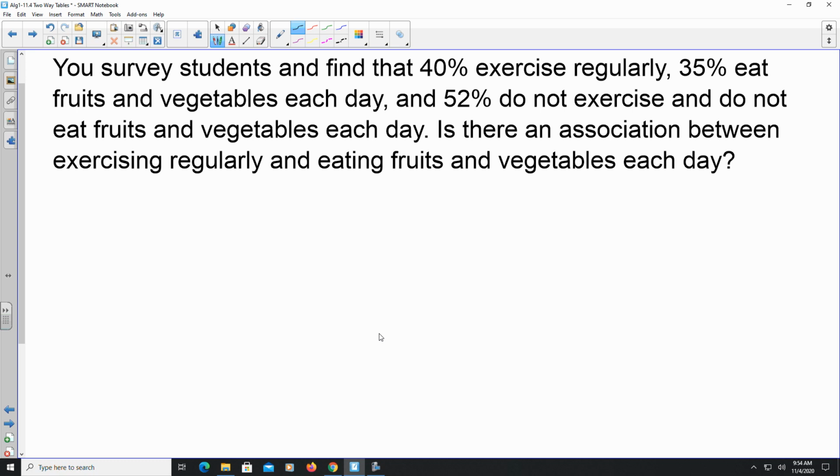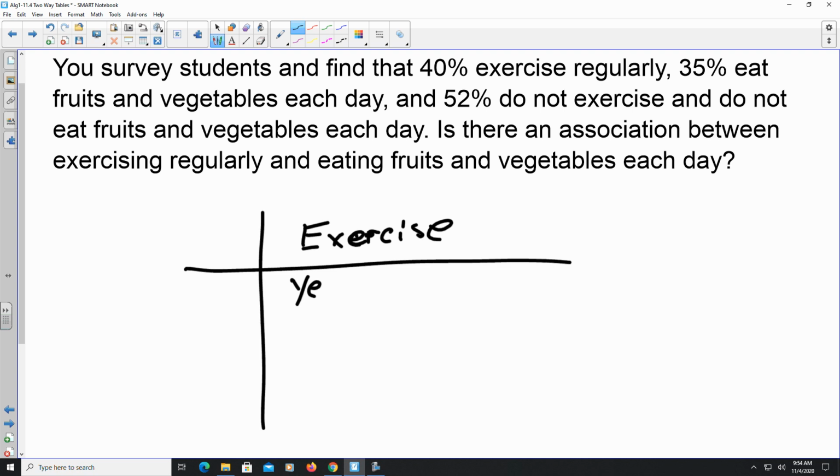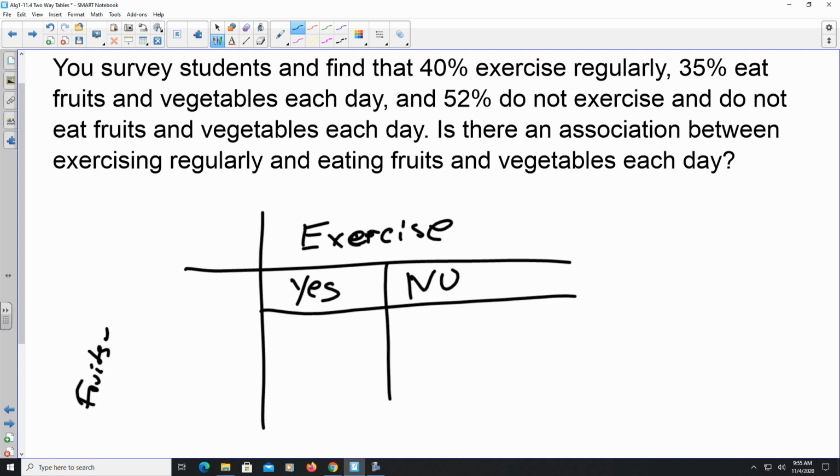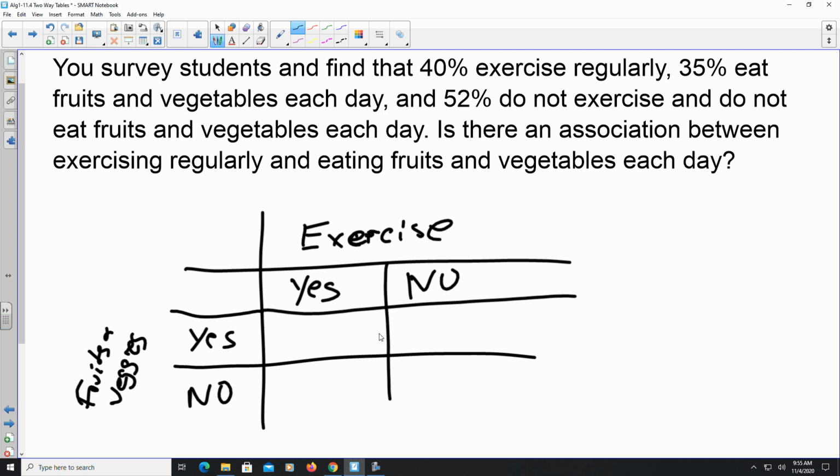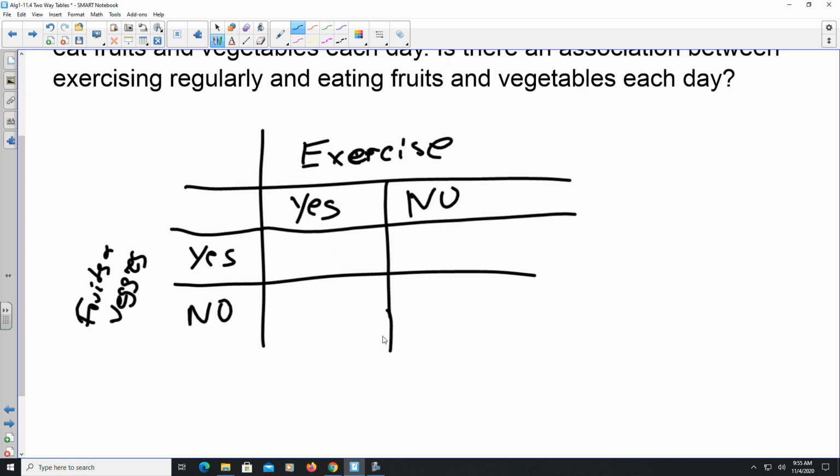On the top, I'll use exercise. This is under yes, this is no. We have fruits and veggies, this is yes, and this is no.